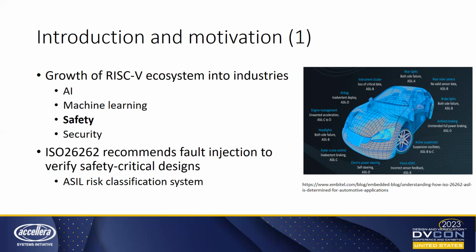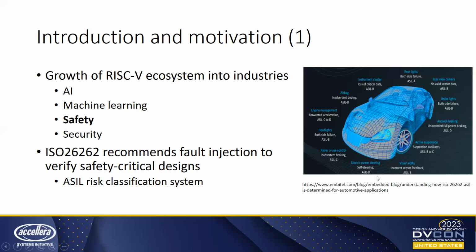ISO 26262, which is an international standard for functional safety of automotive, recommends fault injection to verify safety critical designs. The ISO 26262 has a risk classification system called ASIL, and it classifies different parts of the car, for example, into different safety levels.